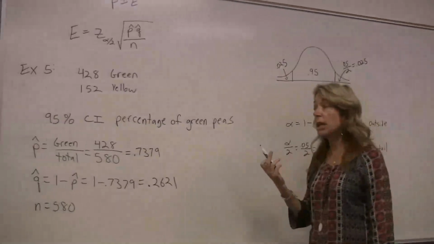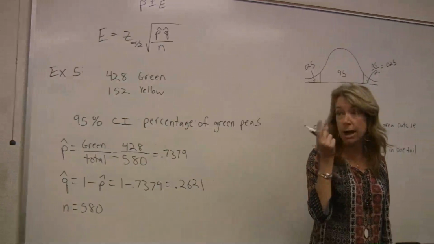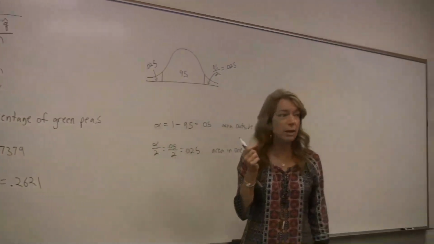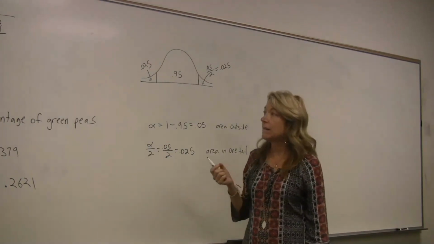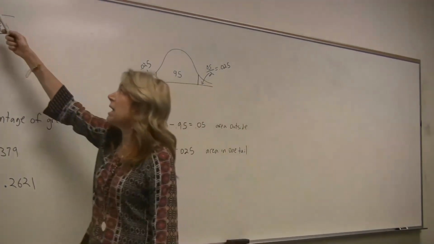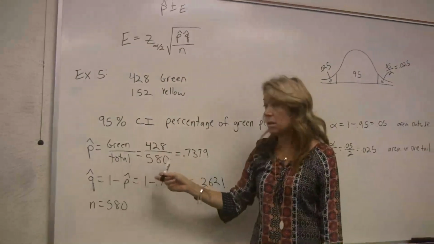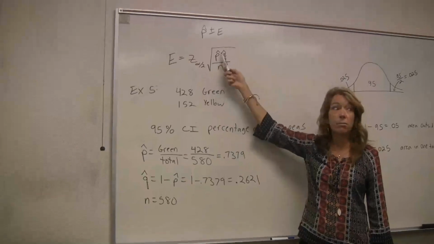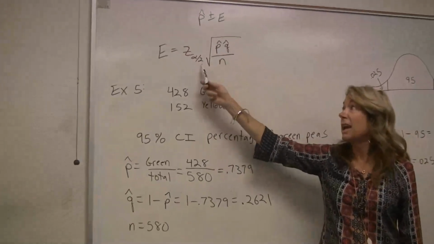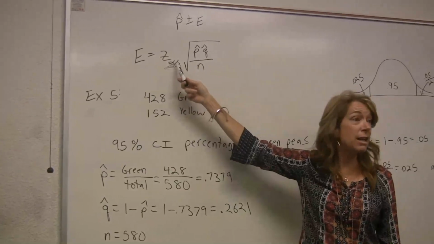The interval? I'm trying to get the interval, but what piece of this problem am I looking for at the moment? You're right. But there's a certain thing I'm looking for at the moment. We're trying to do P hat plus or minus E. We got P hat. Where's find E though? We're trying to find E, and E needs P hat, Q hat, N, and this critical value right here. That's what I'm doing with the picture, is finding that critical value.